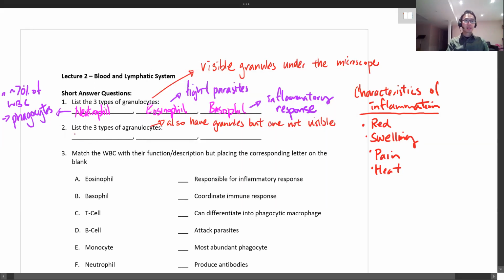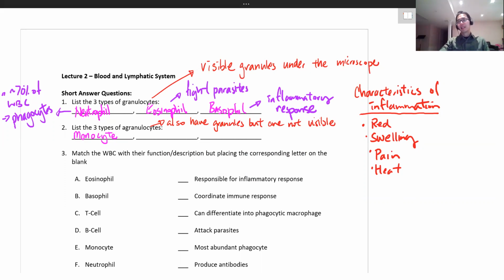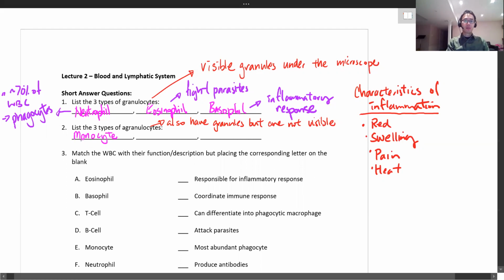The first one that we talked about in the lecture is the monocyte. Okay, so the monocytes are kind of like your security guards, patrolling your body and just making sure everything is okay. And if it encounters something that is not supposed to be there, they are going to transform.